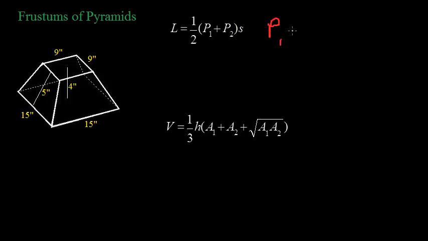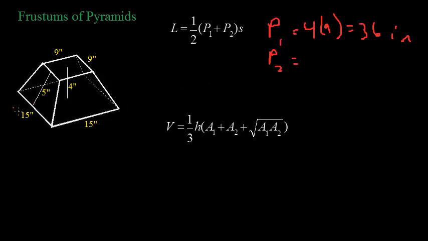So P1 is the perimeter of the top base, and that is the distance all the way around here. We see that this is a square, so every side here has a distance of 9 inches. The perimeter then is 4 times that 9 inches, or 36 inches. Our P2 is the perimeter around the bottom.